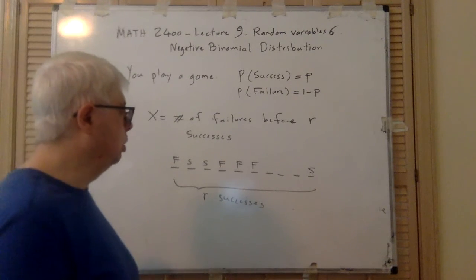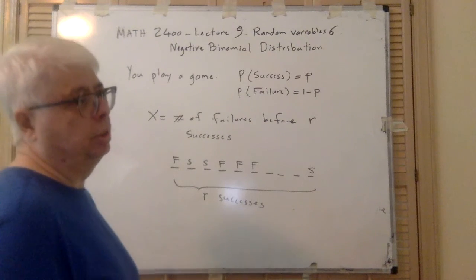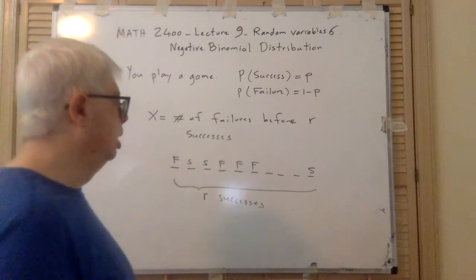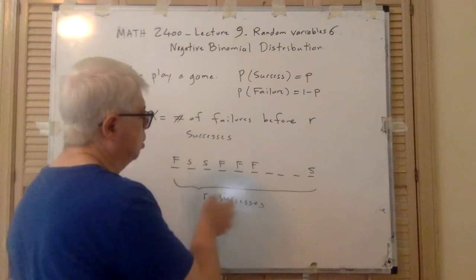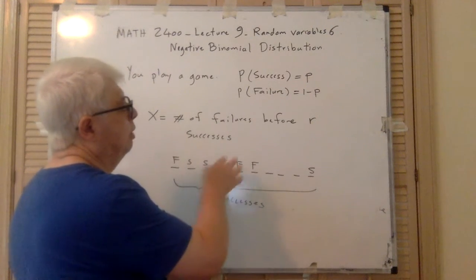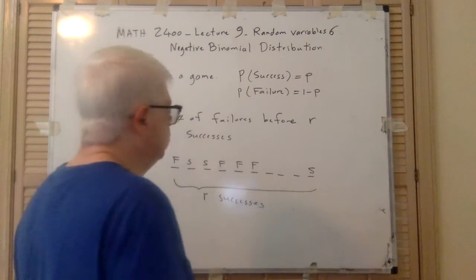So you want to see the probability of just one failure before, let's say, 20 successes or something like that. Now, these successes and failures are dispersed, so it doesn't mean that you have fail, fail, fail, fail, and then success, success, success. No, they can be anywhere.